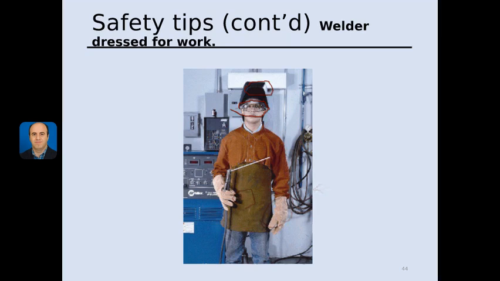Also, this dress shouldn't have a pocket, because the molten metal may fly, and if you have a pocket here, it may get stuck there. And these are leather dress. It's recommended for the welding process, no plastic.